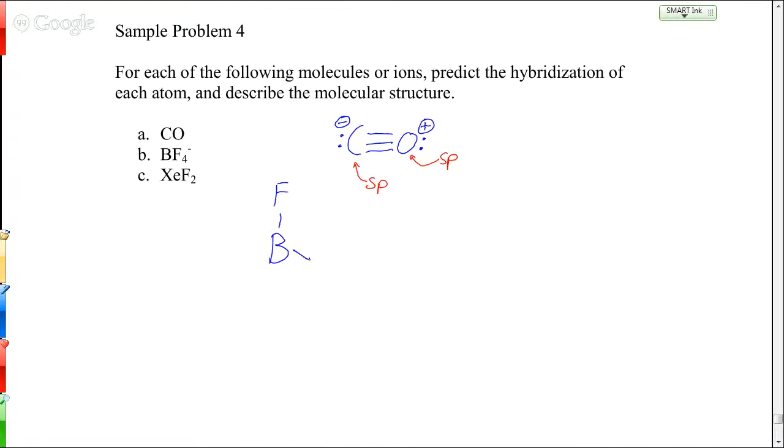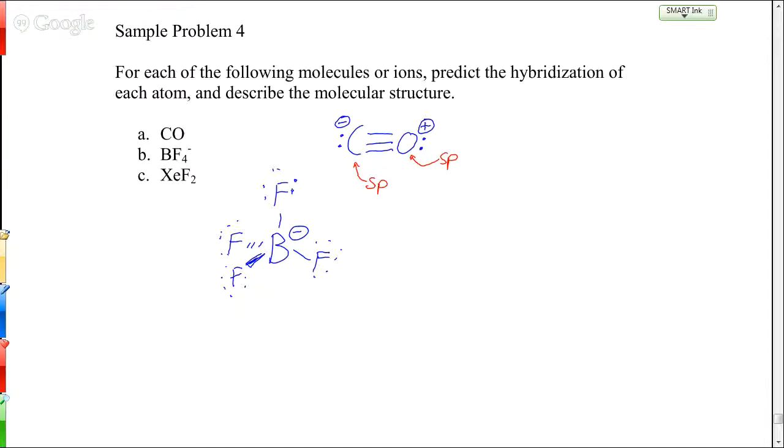So BF4, hopefully you came up with something like this. How would we describe that molecular structure?